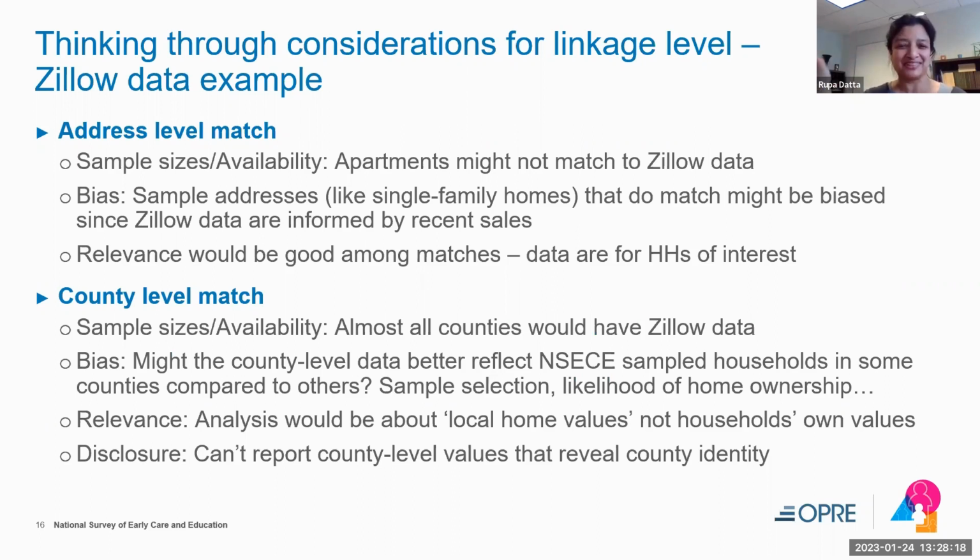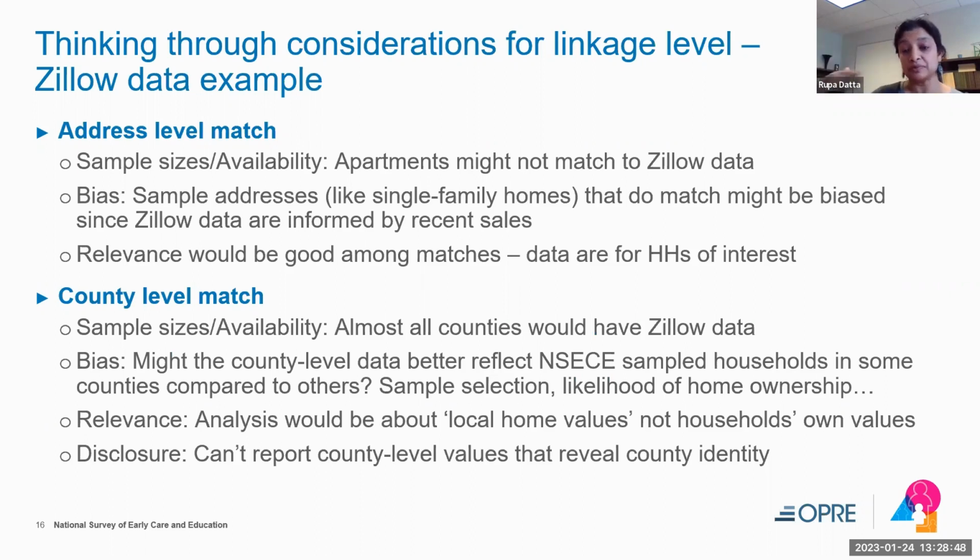If you are familiar with Zillow.com, you can look up the estimated current market value of any address. So you could think, oh, I'm going to link the Zillow housing value data with the NSECE. The NORC team has the addresses of the households. They can do that match for me.